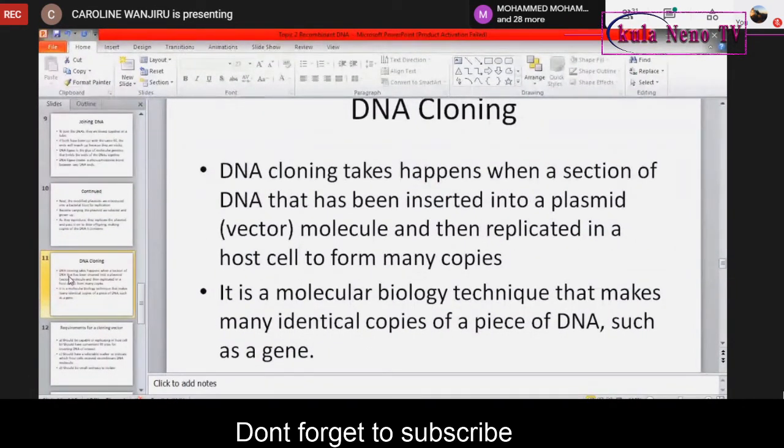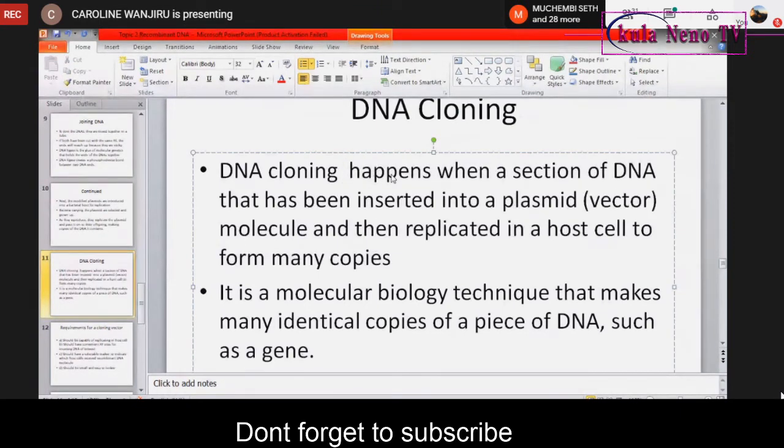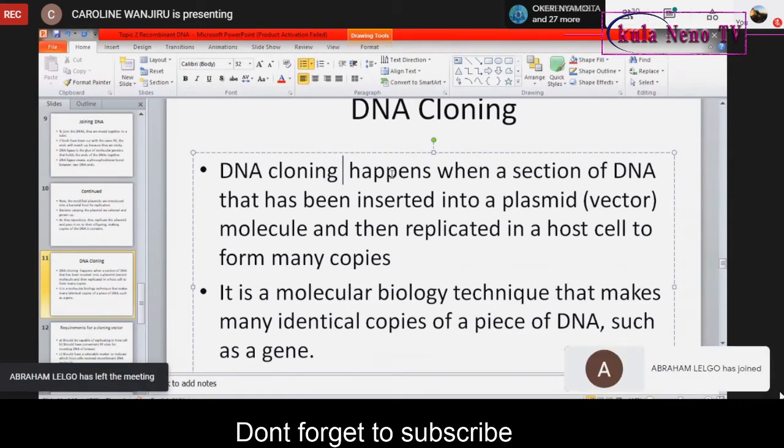DNA cloning happens when a section of DNA is inserted into a plasmid, which is a vector, and then is replicated in a host cell to form many copies. It is a molecular biology technique that makes many identical copies of a piece of DNA, such as a gene.